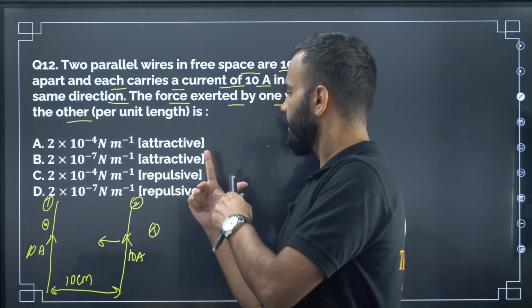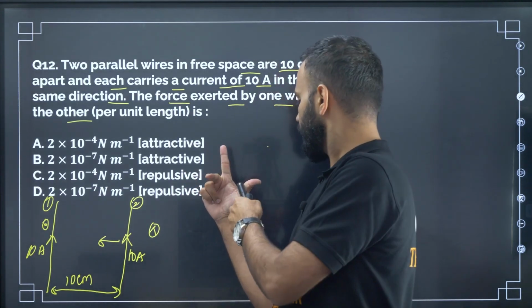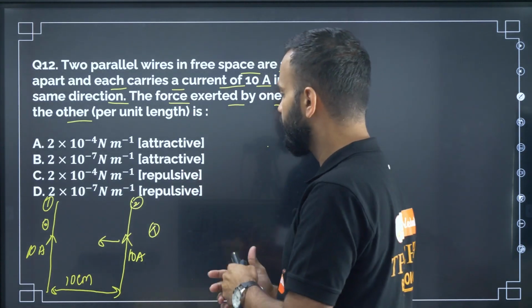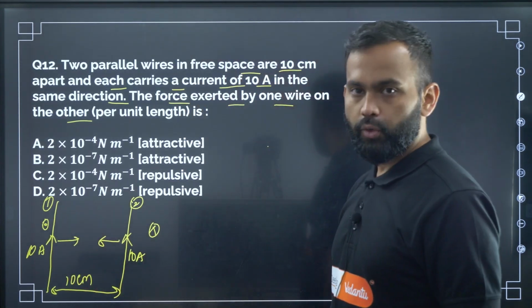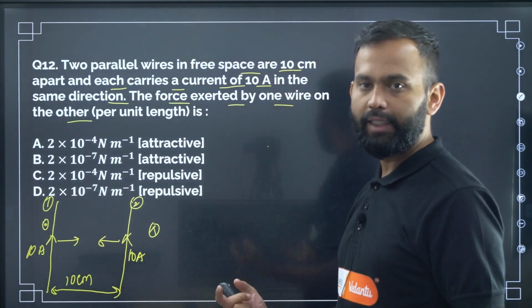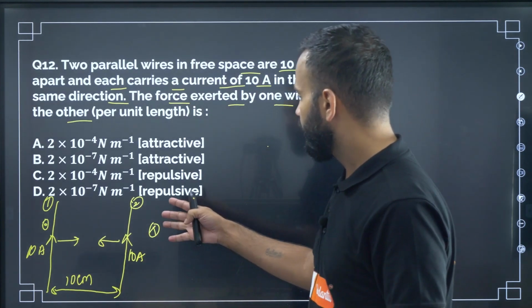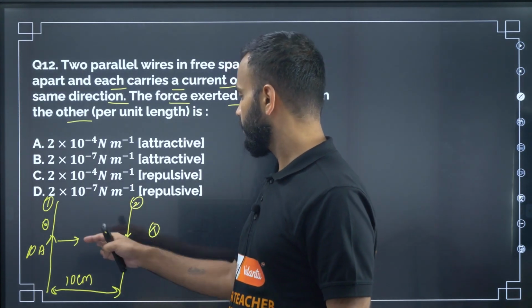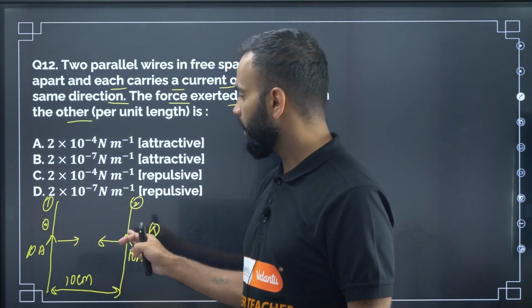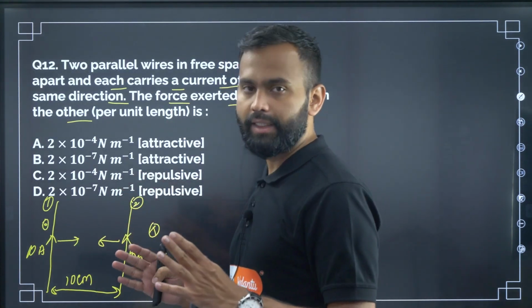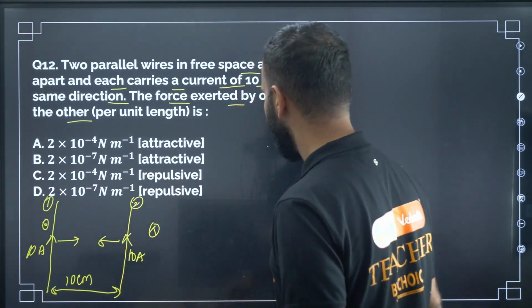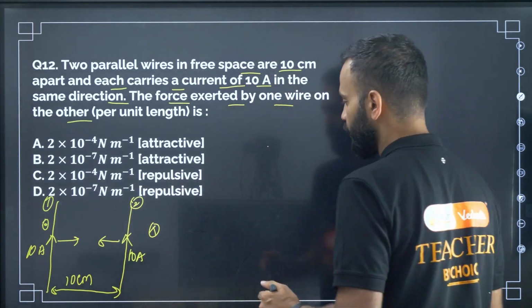The direction of the current is in upward direction and the direction of the force is towards right, isn't it? So the force is attractive in nature, that is, when the parallel wires carry current in the same direction, these two wires attract, right? Okay, so let us find the attractive force.